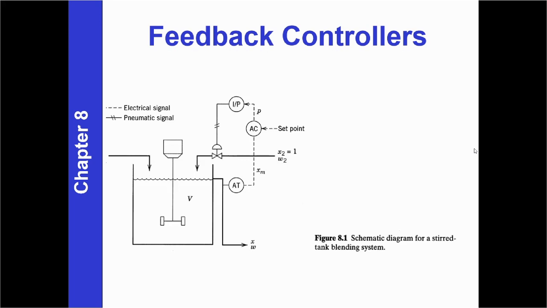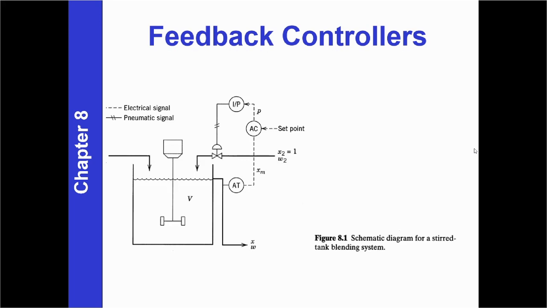And then at the bottom for the output X and W, we have the flow coming out. You notice that from AC to AC there's a dash line, and AC to AC also a dash line, and that is the electrical signal. So if you look at this simple schematic diagram, it actually reflects a feedback controller.